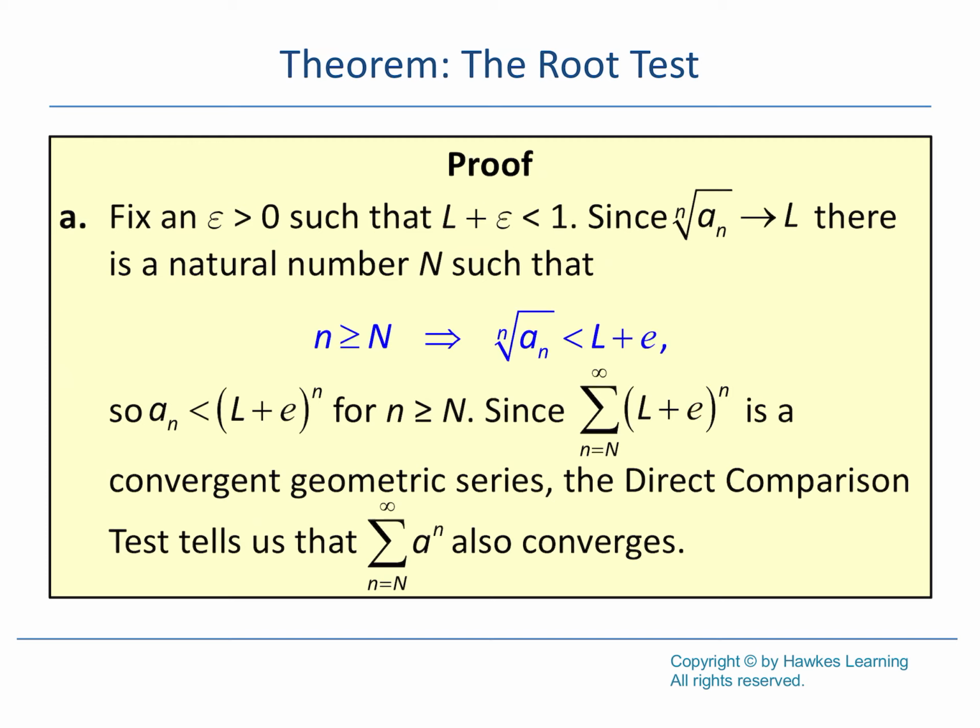Again, we can use the idea that we can squeeze a convergent geometric series over top of the convergent version and use the direct comparison test to show us that the original series converges.